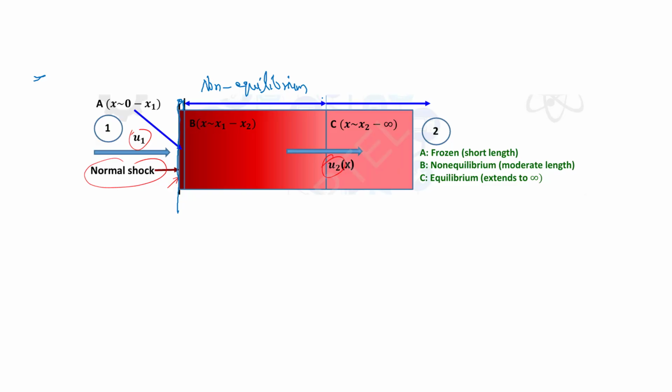After it the flow will attain equilibrium, and it will remain in equilibrium till infinity. So we can see that just after the shock, flow is frozen for a very short length, then flow is in non-equilibrium for a moderate length. After that, till infinity, this flow will remain in equilibrium.